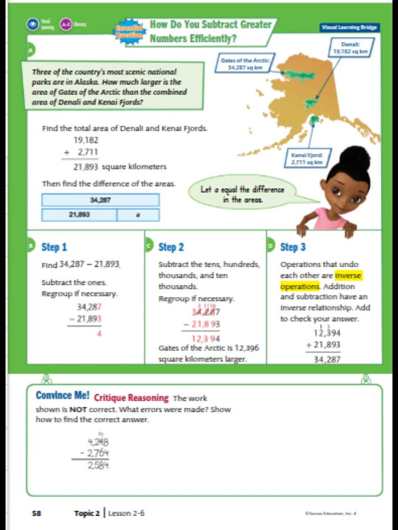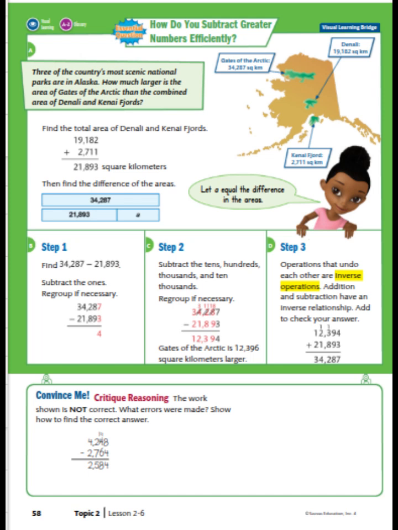So let's see, I see 8 minus 9 in my tens place. But we know we can't do 8 minus 9, and we should not do 9 minus 8 to give us 1. That would be incorrect. We need to do 8 minus 9, but we can't do that. So we borrow from the 2. The 2 turns into a 1.